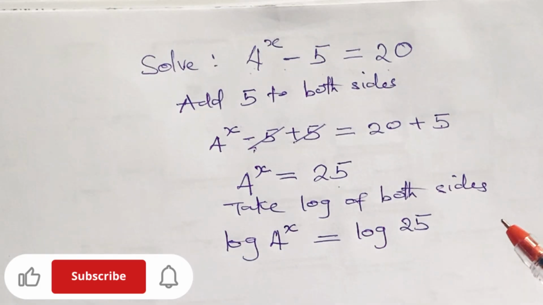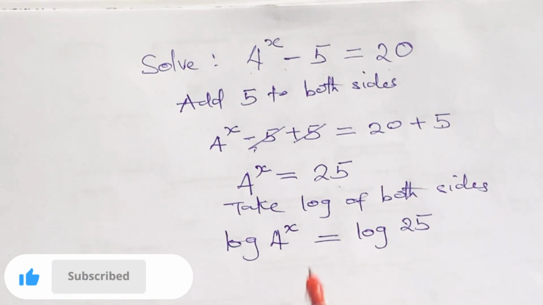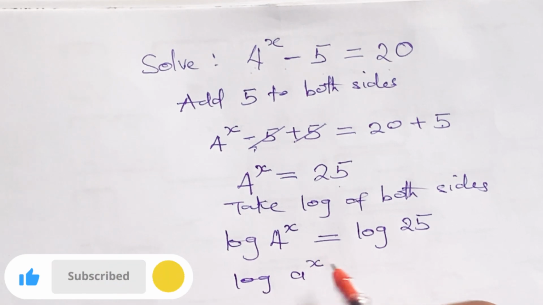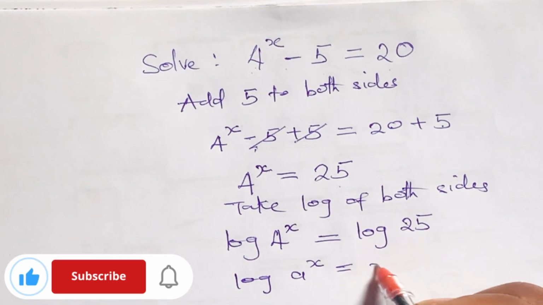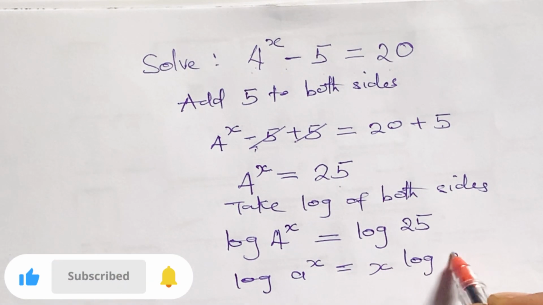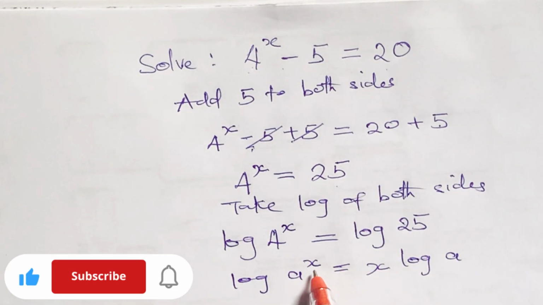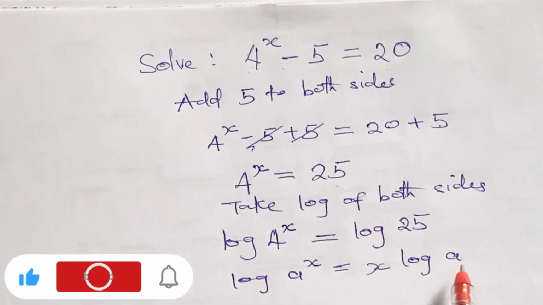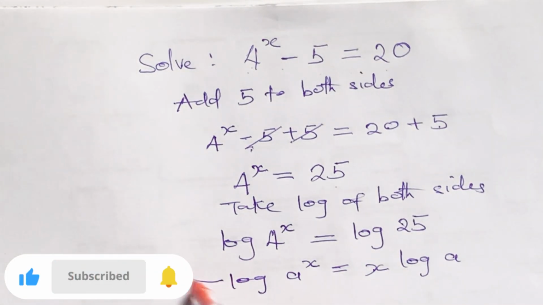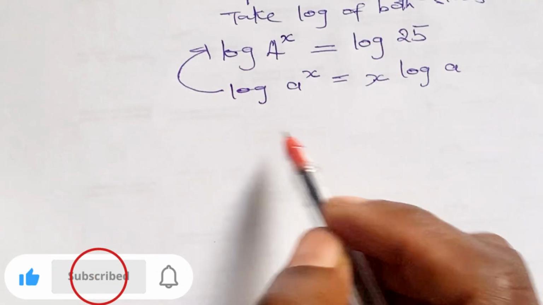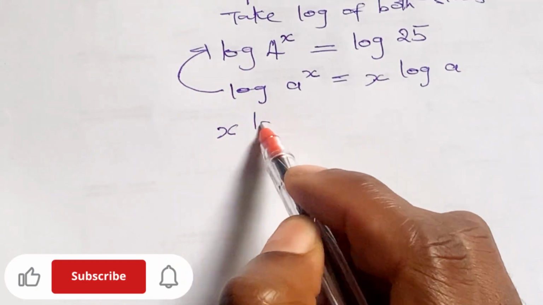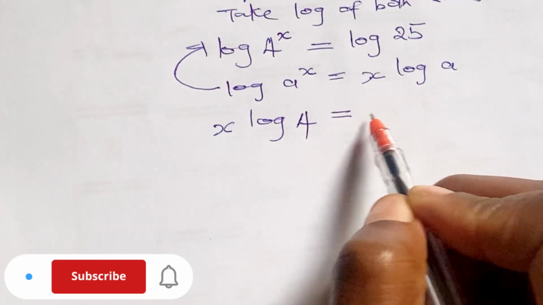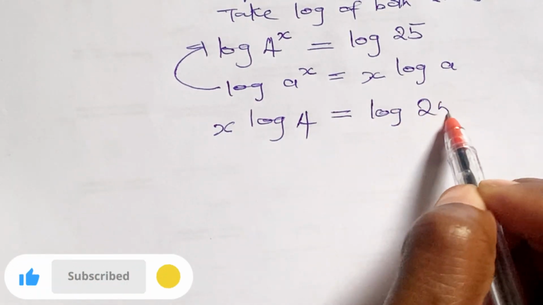Now we'll apply a logarithm rule: when you have log a to the power of x, it's the same thing as writing x log a. You see that the x came to the front. Now let's apply this rule here. So now we'll have x log 4 is equal to log 25.